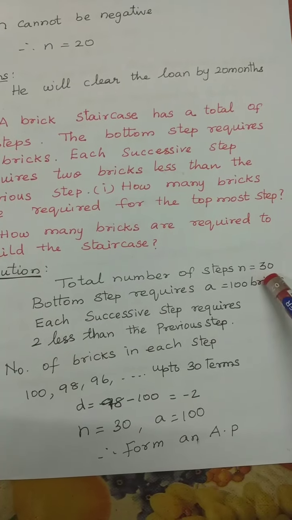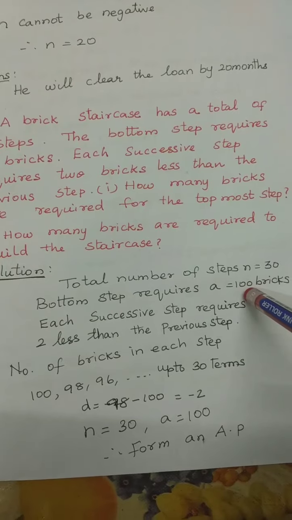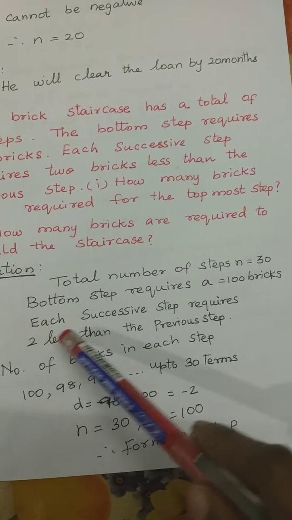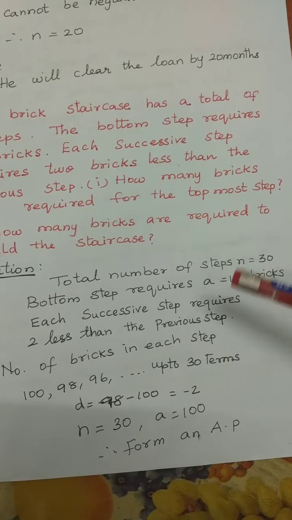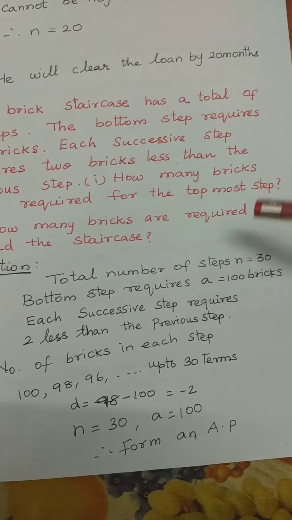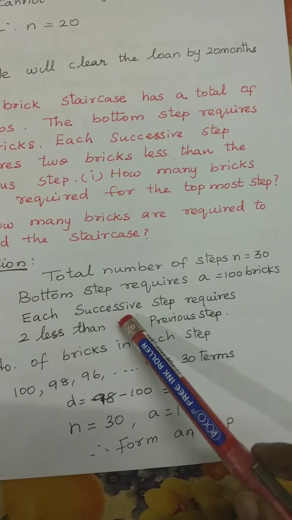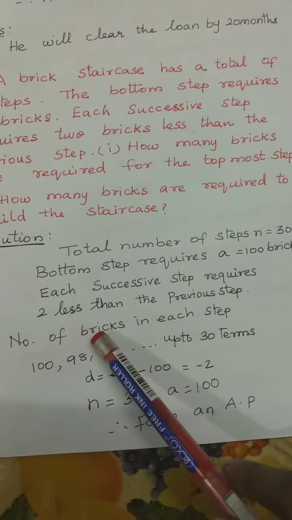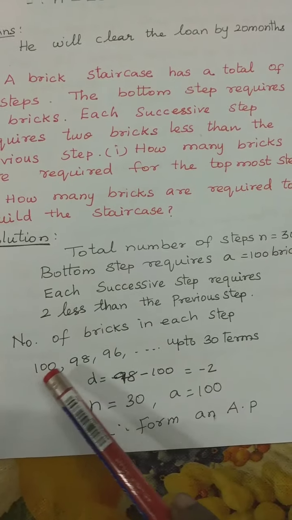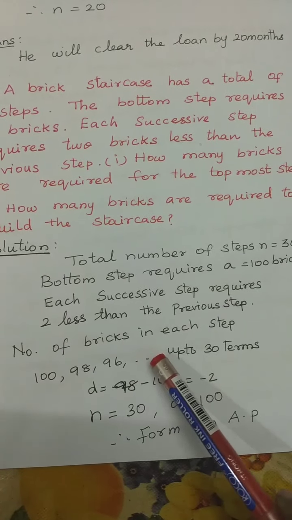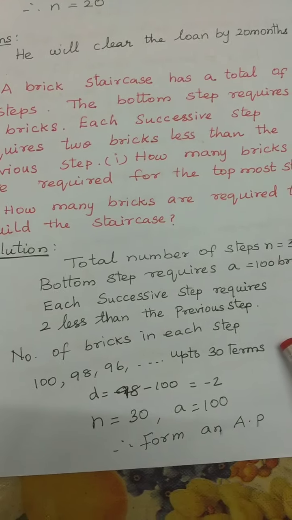The bottom step requires a = 100 bricks. The successive step is 2 less than the previous step. So the number of bricks in each step is 100, 98, 96 and so on up to 30 terms.